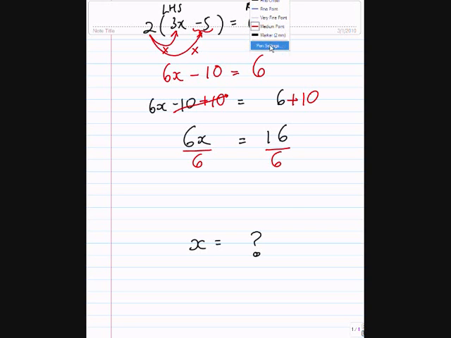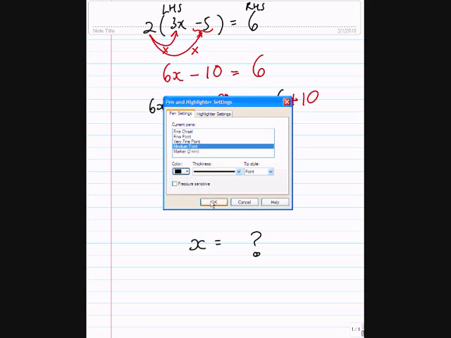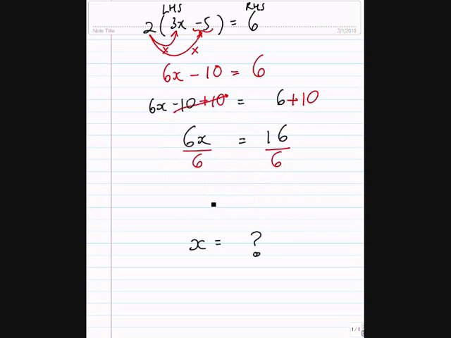So on the left hand side, after dividing by 6, I'm left with x. On the right hand side, 16 divided by 6. Using our calculators, you get 8 over 3 in its simplest form, but this is not the answer yet. You have to express it as a mixed number, which is 2 and 2/3.